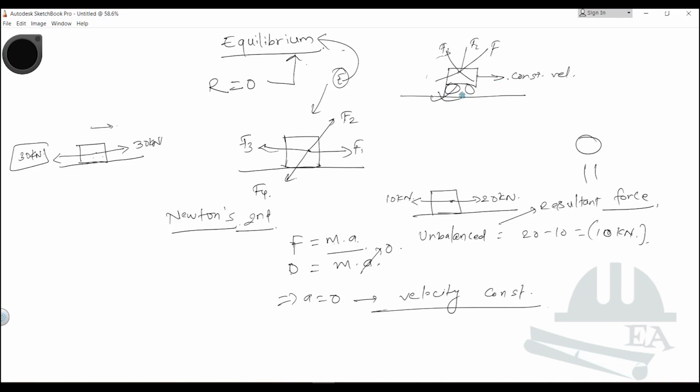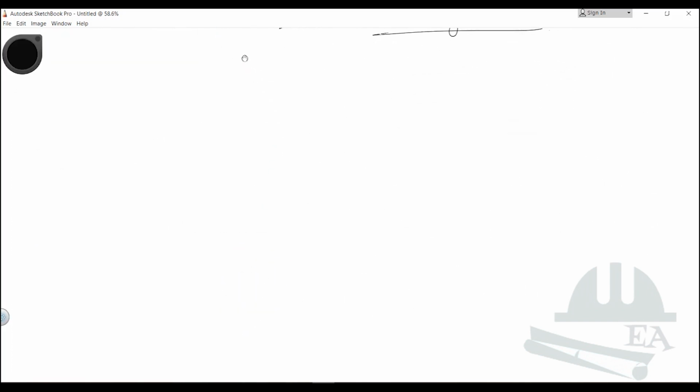In a 2D plane, we saw the components of the forces. Let's say this is our x direction, this is our y direction, and this is our body.